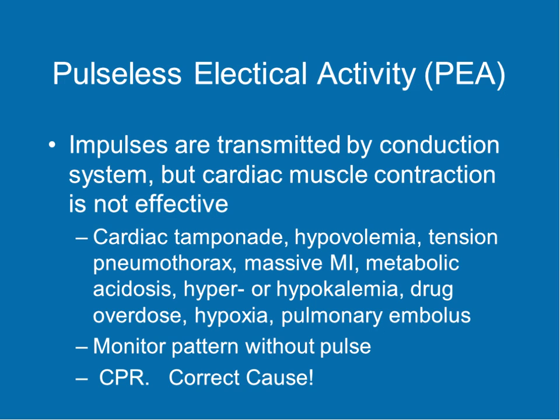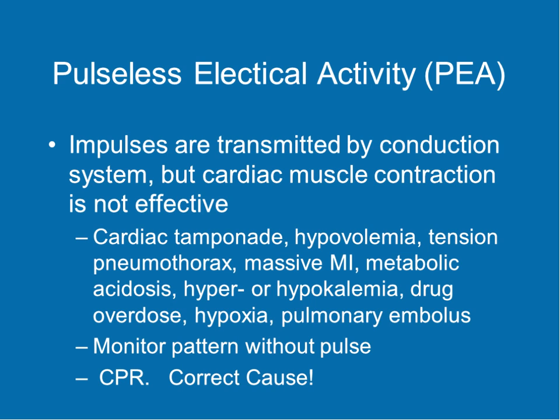Pulseless electrical activity has a very poor prognosis unless the cause is very quickly identified and removed. In PEA, the impulses are transmitted, but cardiac muscle contraction is not effective. So your QRS can look like whatever. You have a pattern, but you have no pulse.